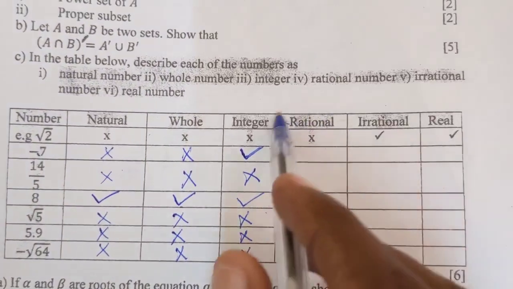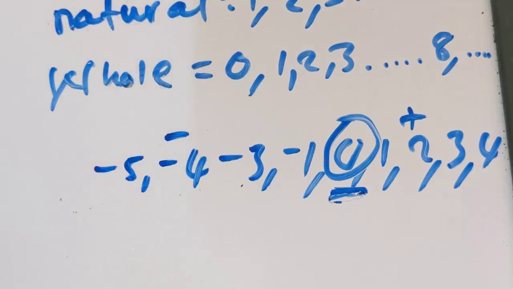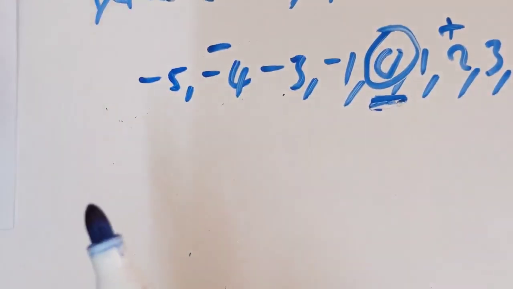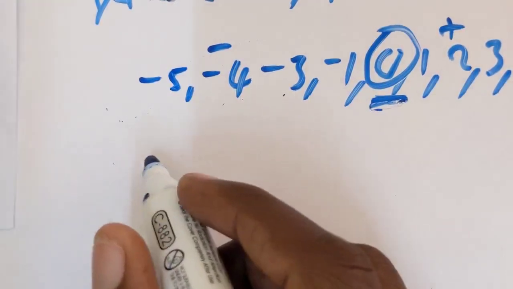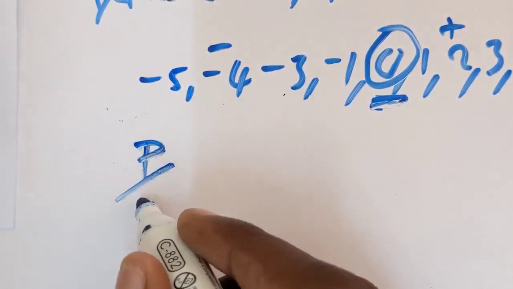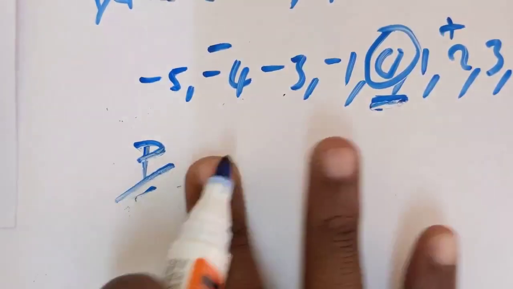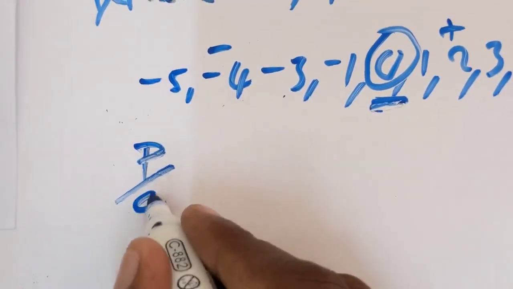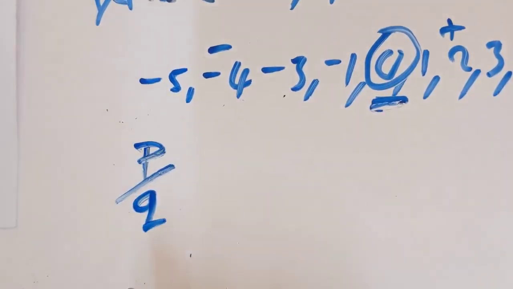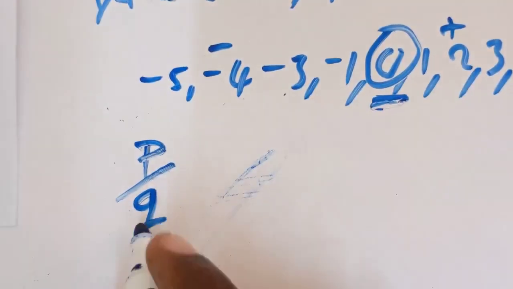What are rational numbers? Rational numbers are numbers that are presented in the form of P over Q, like that.